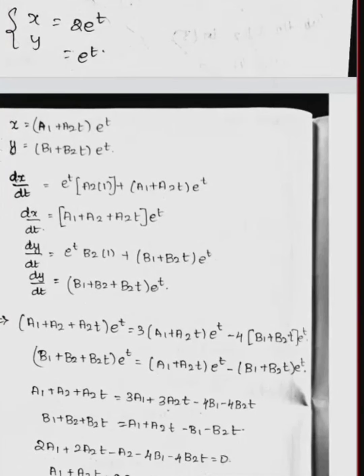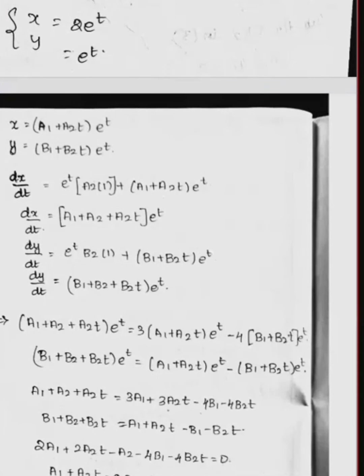So now you take all the terms to one side for solving this type. First of all, you divide the terms entirely by e^t. So e^t cancels on both sides of the equation itself, so on both the RHS and LHS, all the e power t terms are cancelled here.